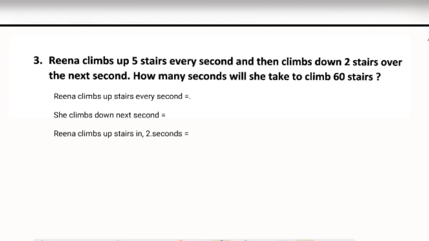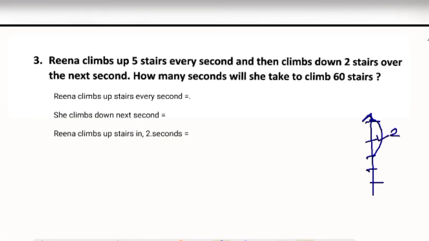Next, question number 3. Reena climbs up 5 stairs every second. In 1 second, Reena climbs up 1, 2, 3, 4, 5 stairs. In the first second she went 5 stairs up, and then in the second second 2 stairs down.